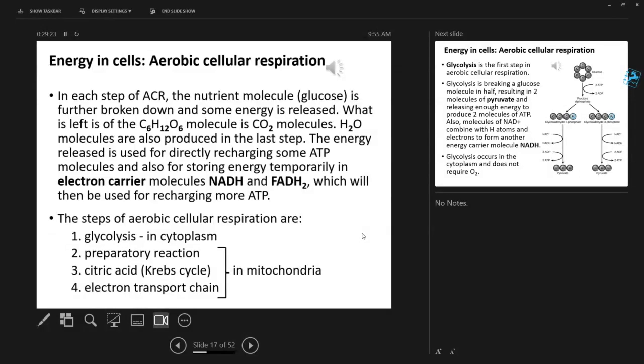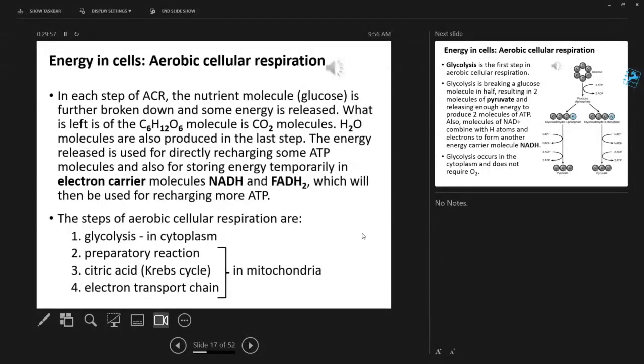Some ATP is made in these first 3 steps, a little bit, but most of the ATP is made in this last step, the electron transport chain. And the energy for recharging the ATP by the electron transport chain is energy that is stored in NADH and FADH2 in these first 3 steps.